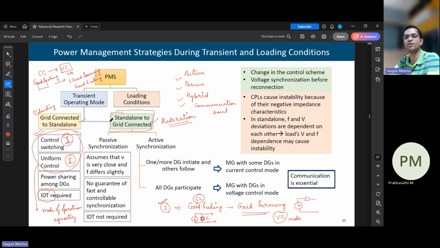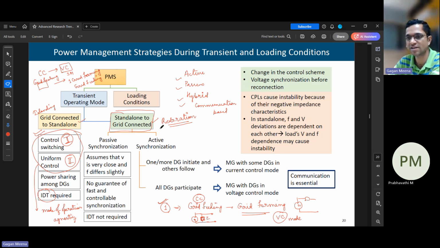If you want to connect two AC systems operating at two different voltage levels, then the voltage difference between them should be very small, both magnitude as well as the phase angle.